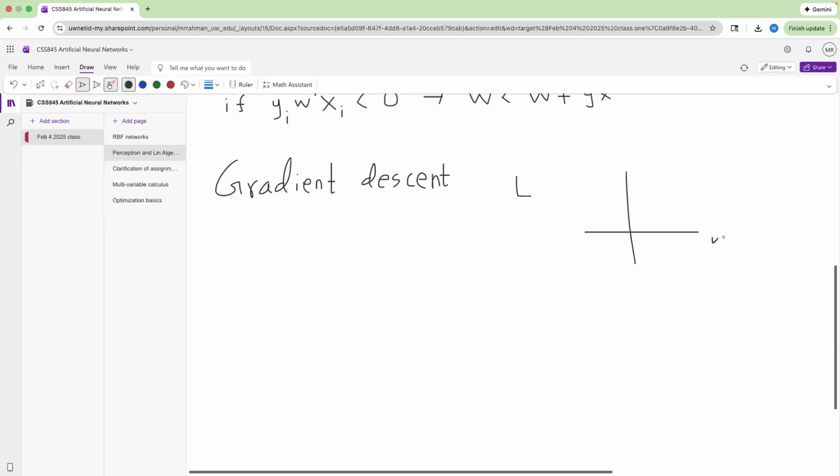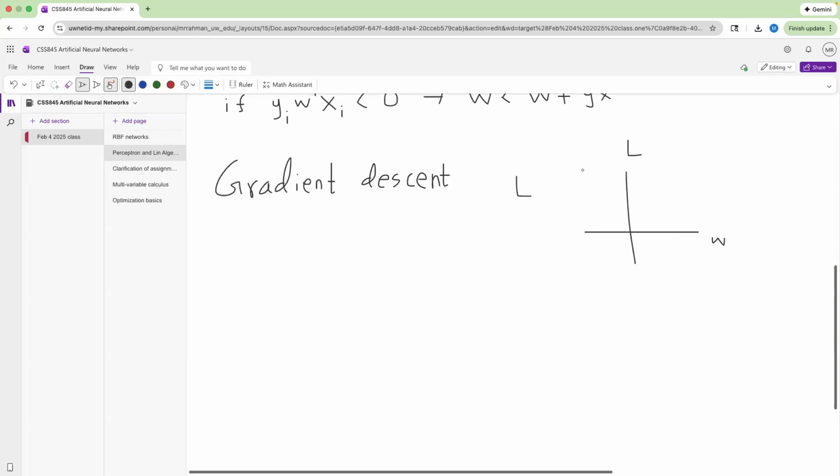You have your weights on the x-axis, which can be a high dimensional weight vector, but for simplicity I'm showing one dimension. And this is your loss. For example, in linear regression this was the squared error loss, and we've talked about cross entropy loss in the linear classification lecture. So these are all different types of loss examples.